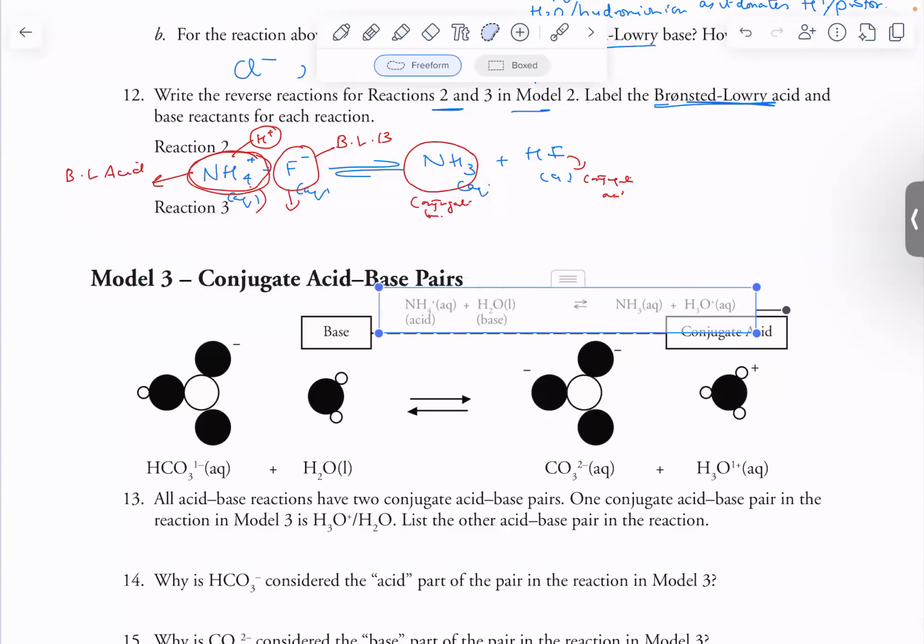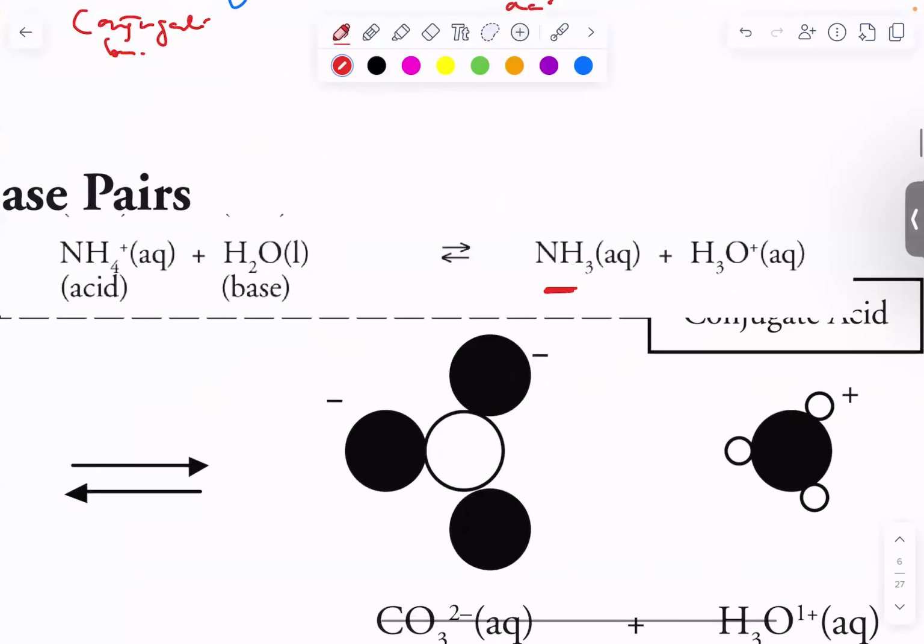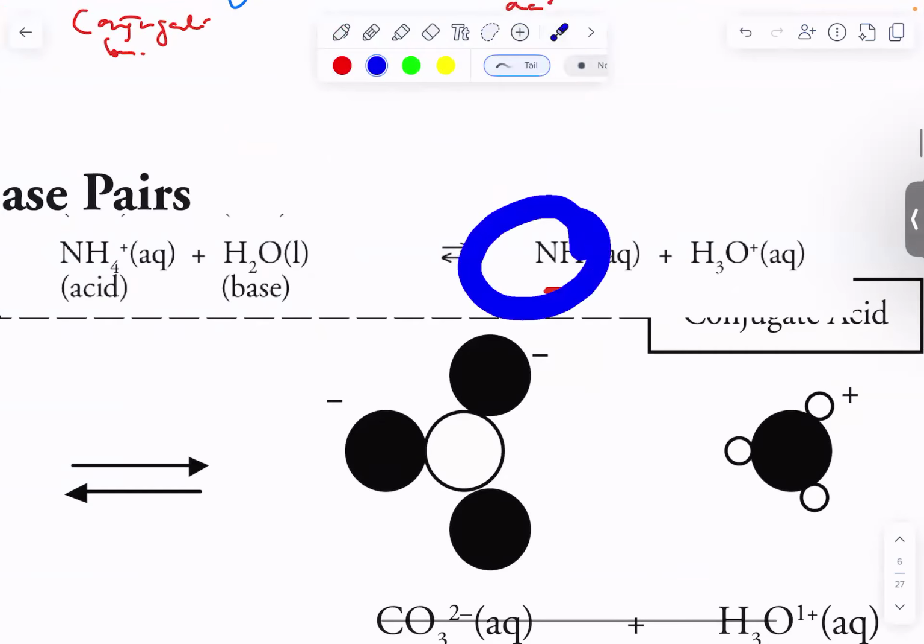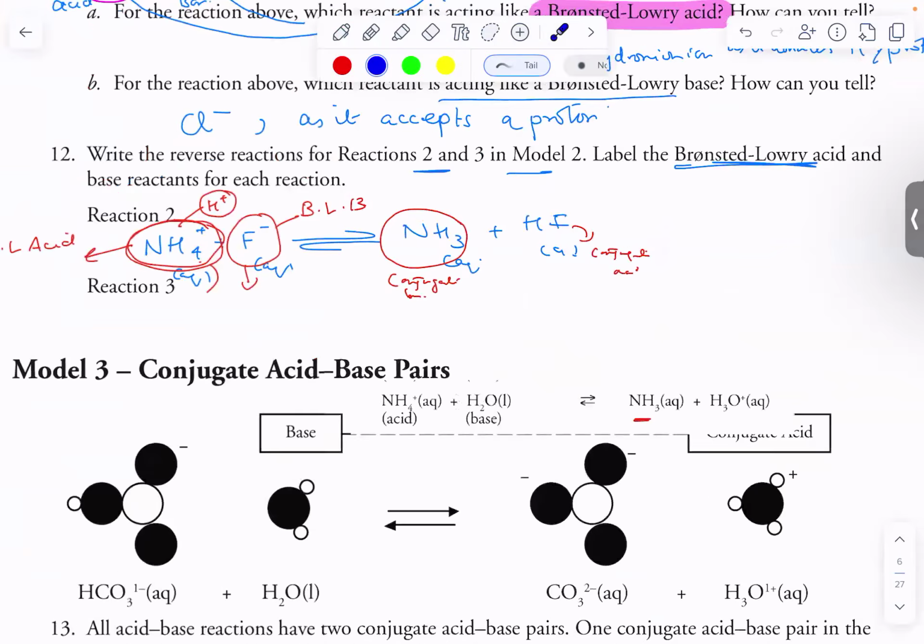So the reversed equation would be H3O plus plus NH3 equals H2O plus NH4 plus.